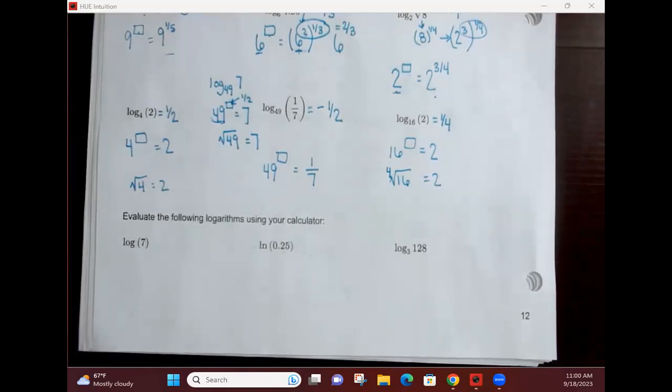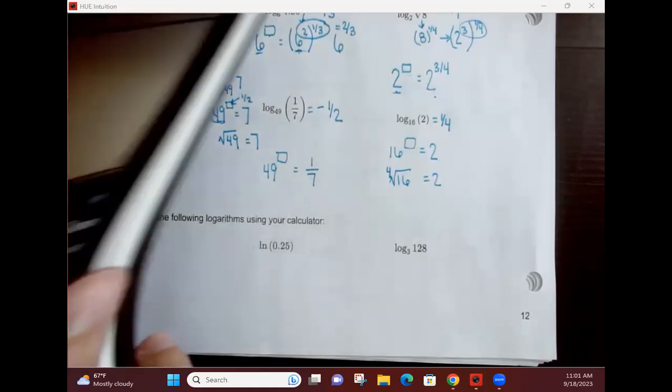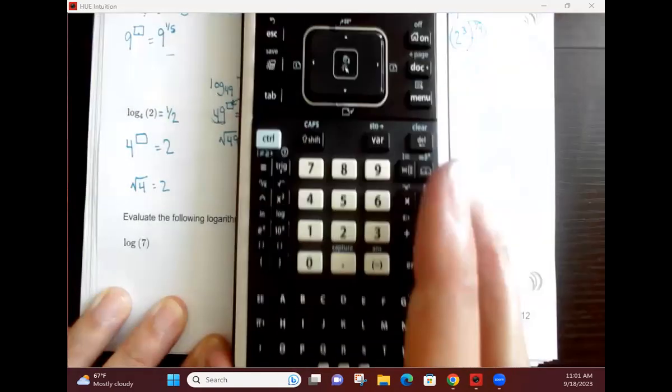You need to be on some sort of calculator page. So if that's Scratchpad or if that's a calculator document, either is fine. And then I want to show you where these buttons live. Okay.